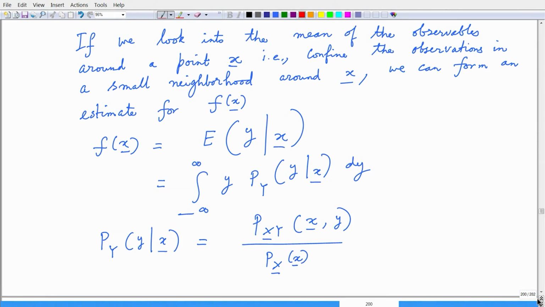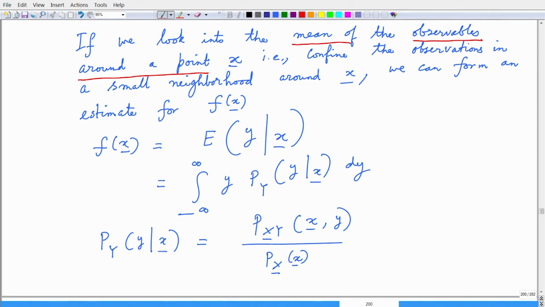If I just want a single quantity that represents this, I compute the mean, and that is my reasonable estimate. So, in this case we look into the mean of the observables around the point x. I give you the point x, and around that I confine my observation space over a small neighborhood around x to form an estimate of f of x.